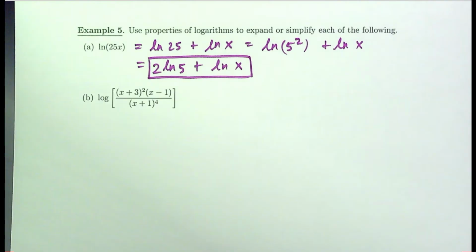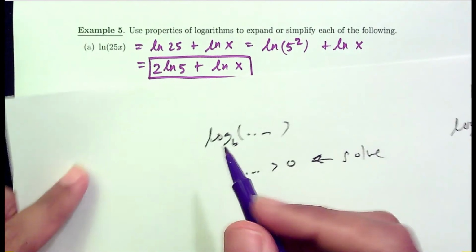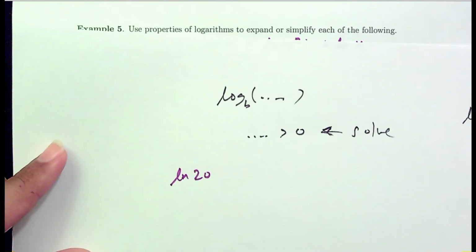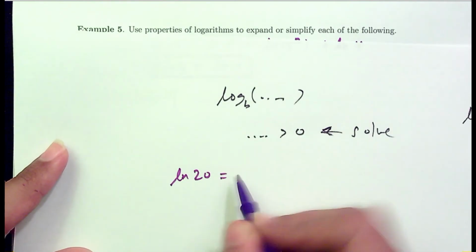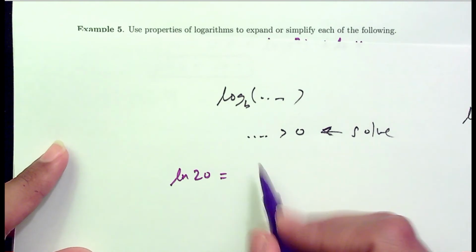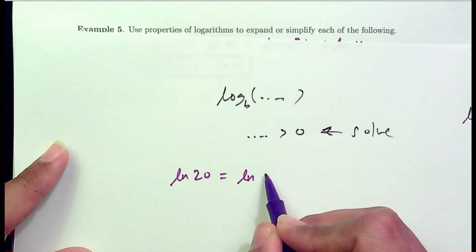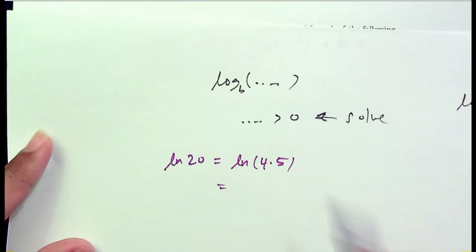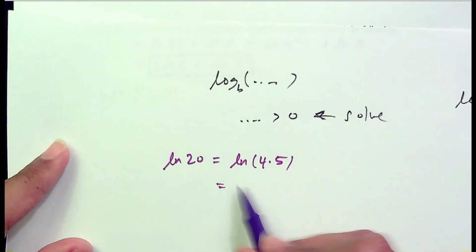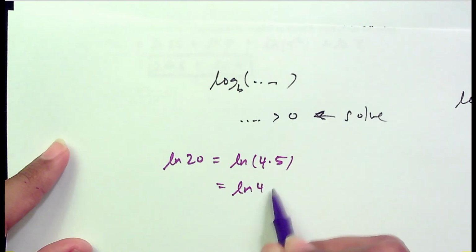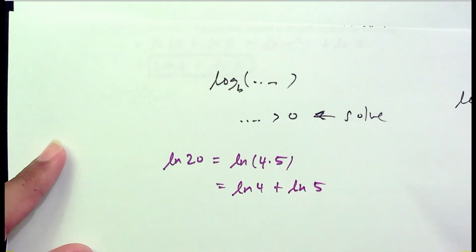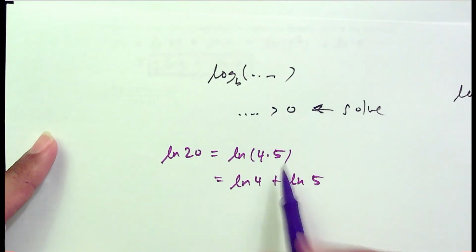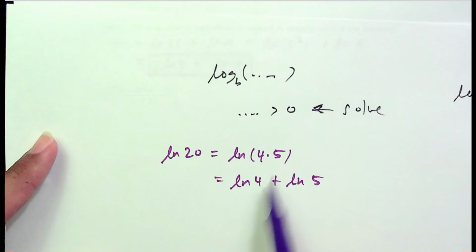But if it was like ln of 20, you could leave it like that, or this one you can simplify differently. You could say this is 4 times 5, and then using the properties of logarithms, it is ln of 4 plus ln of 5, because the logarithm of the product is the sum of the logarithms.